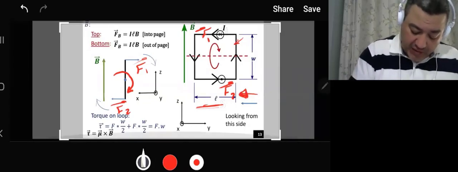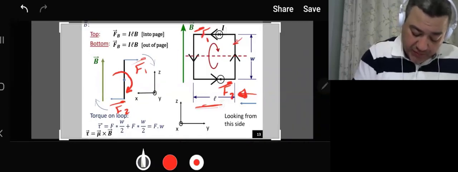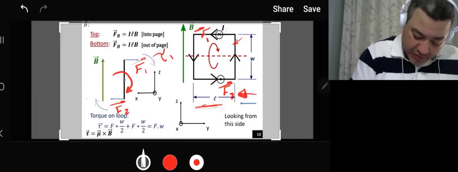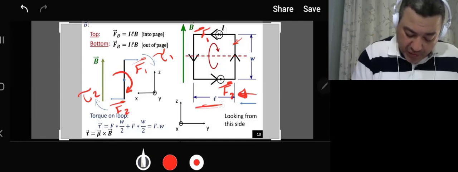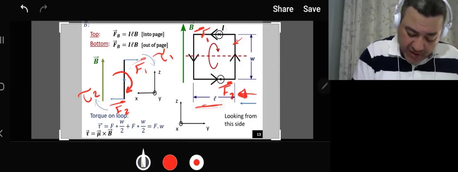Now, how do we calculate this torque? We know that the torque equals F times the length here, which is W over 2. I have torque 1 and torque 2. So the total torque is torque 1 plus torque 2, where torque 1 is the force times the length, which is W over 2.